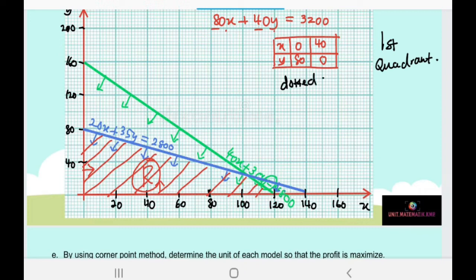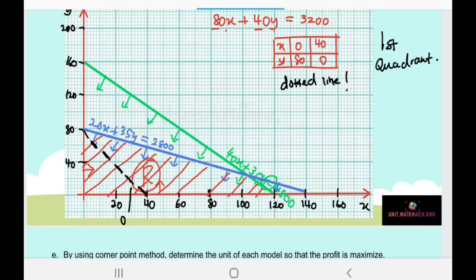Okay, so when we put this number into the intercept point, so we have 40, 80. Please make sure you use the ruler. Okay, so this is the objective function line.